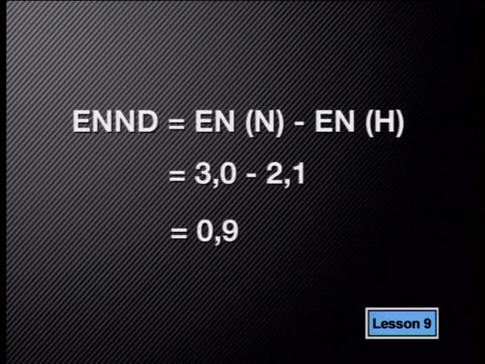Now we know the shape of the molecule, but we also need to know if the molecule is polar or non-polar. To find this out, we need to know how the electrons are shared between the hydrogen and the nitrogen. Do you remember how to work this out? Well, we find the electronegativity number difference. Nitrogen has an electronegativity number of 3,0 and hydrogen has an electronegativity number of 2,1.